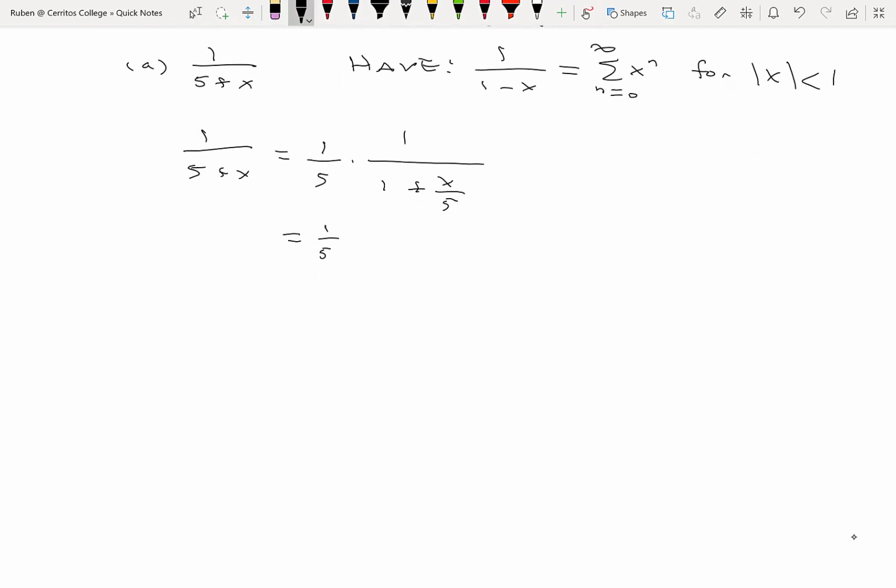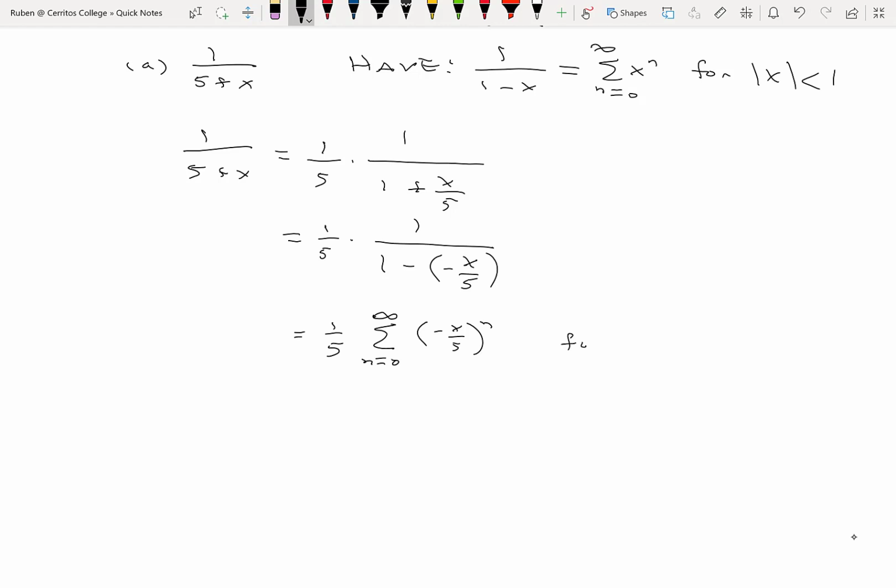So this is 1/5 times 1 over, I want it to be minus, so make it minus. Then use our power series for 1 over 1 minus x and substitute negative x over 5 into the power series. So this becomes 1/5 times the sum, n ranges from 0 to infinity, of negative x over 5 to the n.